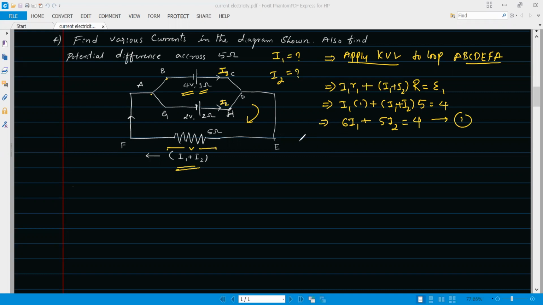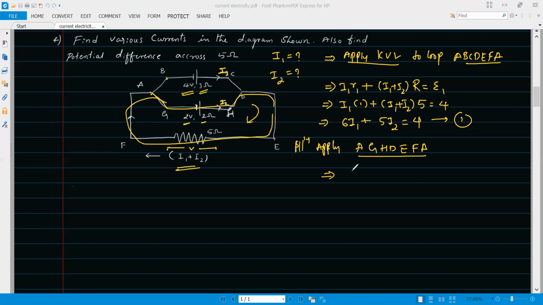Now similarly apply. What shall we do now? Let us apply this to this loop, like this, A G H D E F and A. So if you apply Kirchhoff's second law for this one, it is going to be somewhat like this: the current here, the potential here, the EMF here, the internal resistance here.